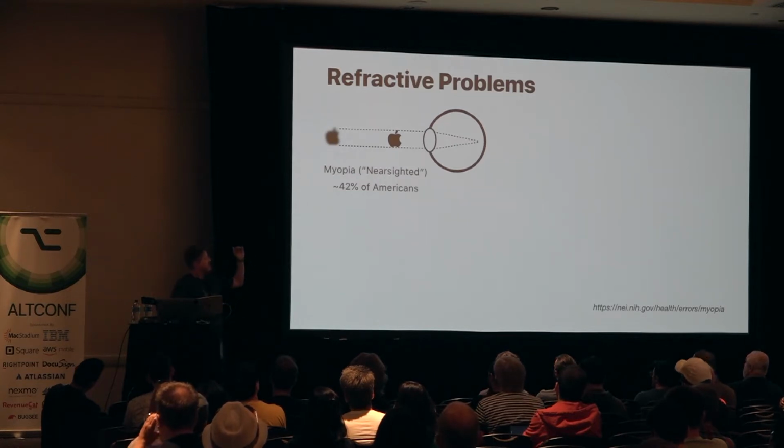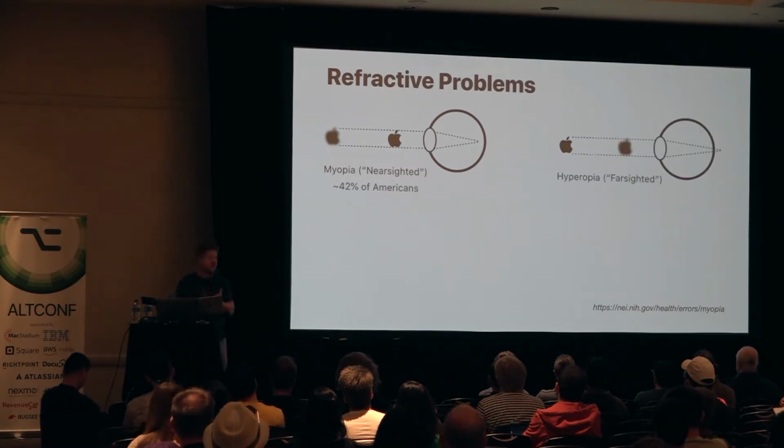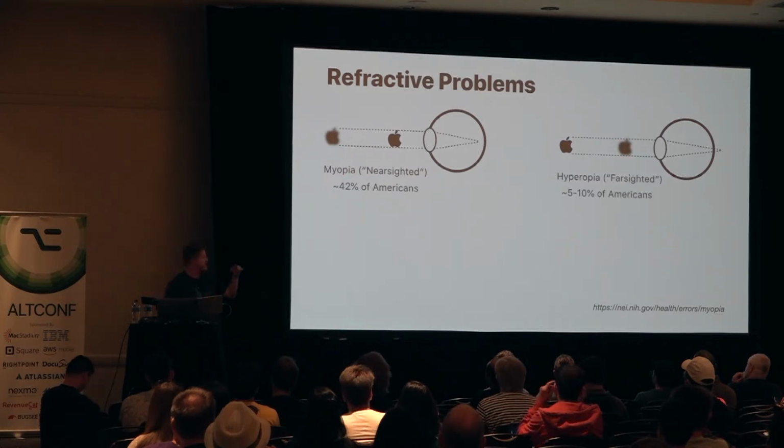In that, the image is focused actually ahead of the retina, and so distant objects are unfocused and near objects are fine. Then there's hyperopia, which is farsightedness, where you can see things distantly fine, but up close you can't. They're all out of focus because it's actually focusing behind the retina. That affects only about 5 to 10% of Americans.